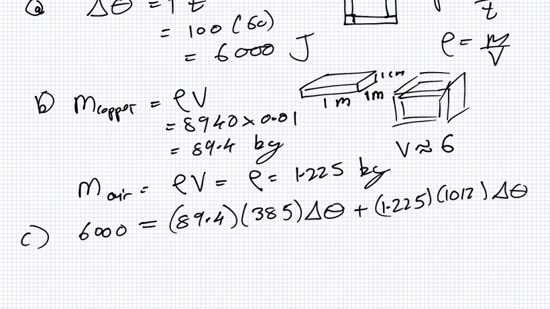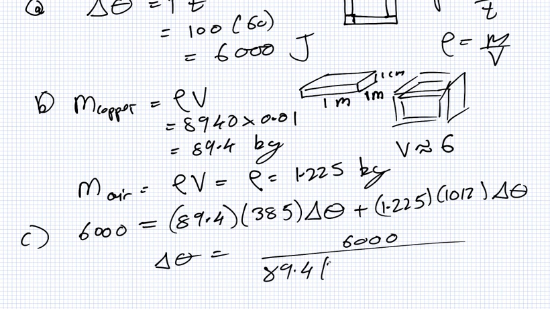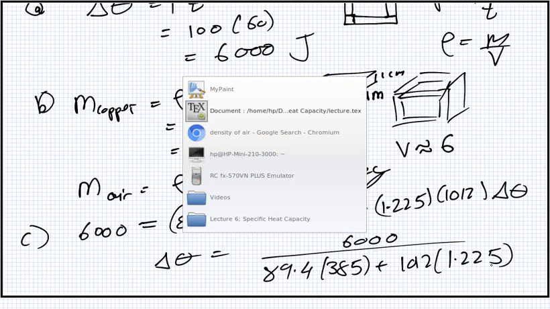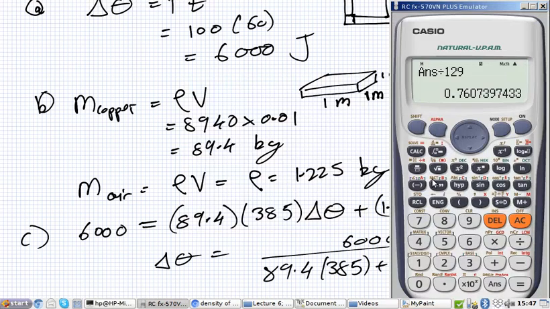Delta theta, so then delta theta will equal 6,000 over 89.4 times 385 plus 1012 times 1.225. Let's calculate.